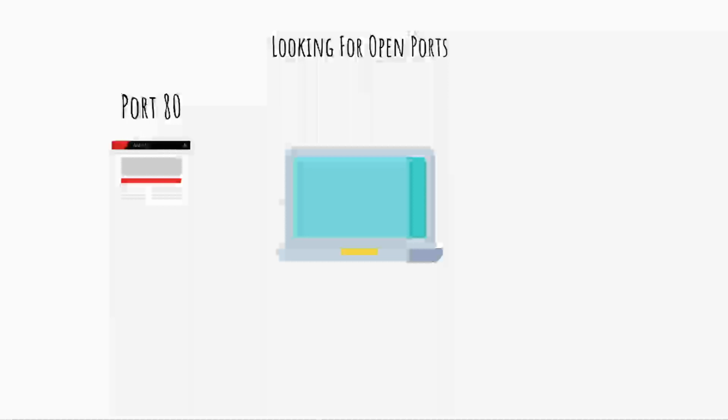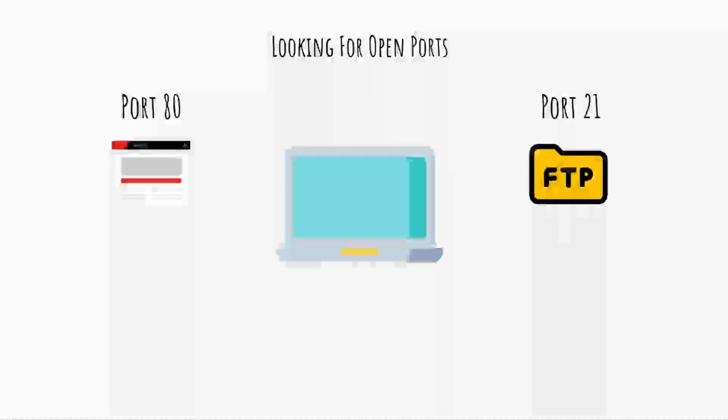And a port that could sometimes be open if you're scanning internally, which means either scanning machines on your network or performing network penetration testing inside of some company, you could, for example, find port 21 to be open. This is an FTP port and it's used for file transferring. FTP stands for File Transfer Protocol. These are just two of the ports, and there are a lot of them.